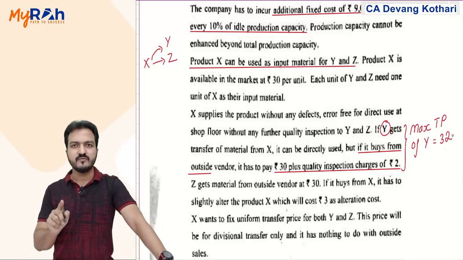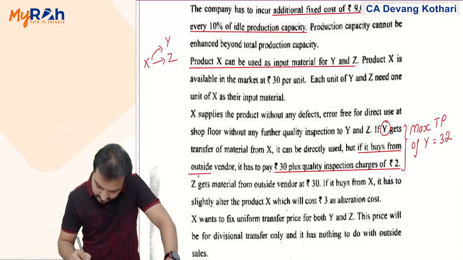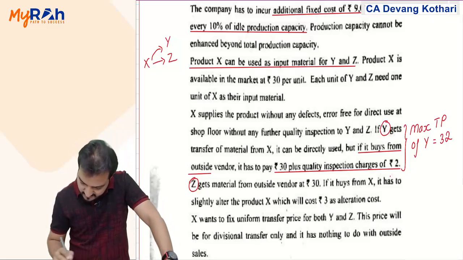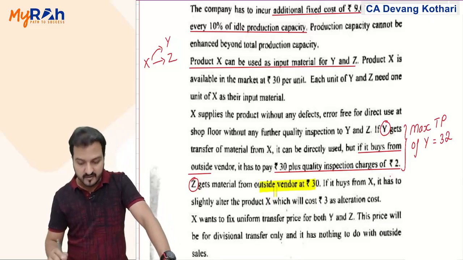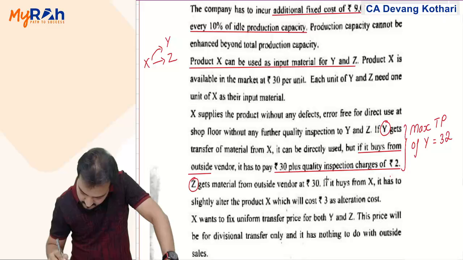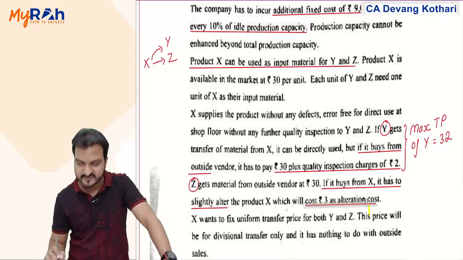This is something similar to what we had done in our classwork question. Similarly, Z. Z can get material from outside vendor at 30. But if it buys from X, in case of Z, then it has to slightly alter the product X, which will cost rupees 3 as alteration cost.